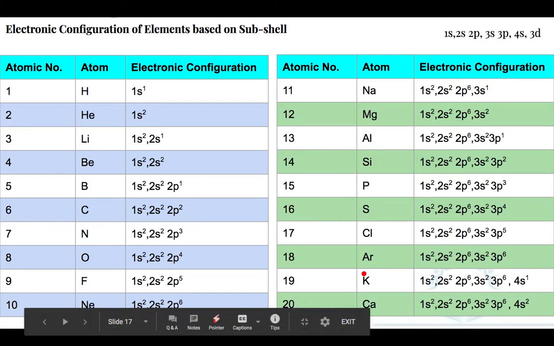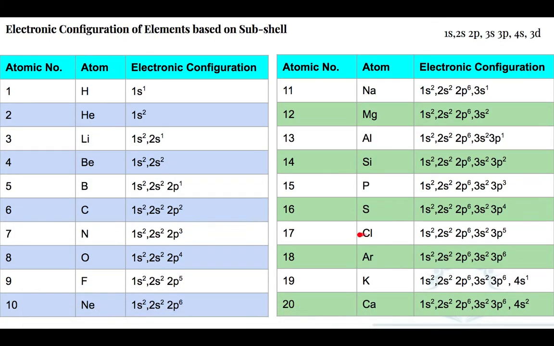In the same way, chlorine has 17 electrons, so we'll follow this exact format. You can see 1s, 2s, 2p, 3s, 3p. So 1s can carry 2 electrons because it is an s orbital. 2s can also carry 2 electrons. It has a total of 17 electrons, so you have to go on adding more orbitals.